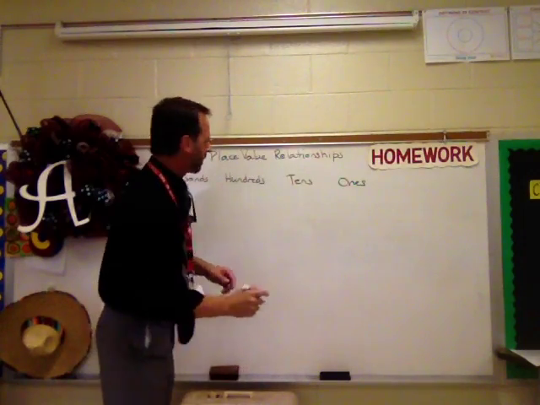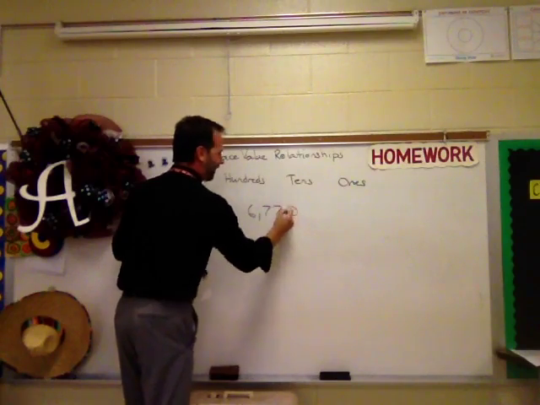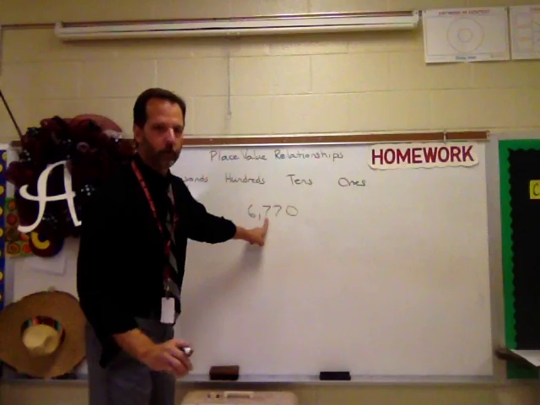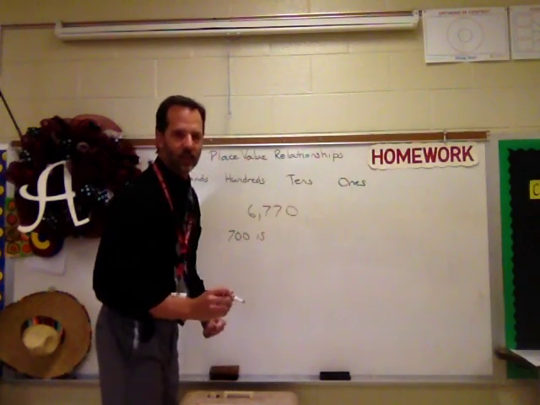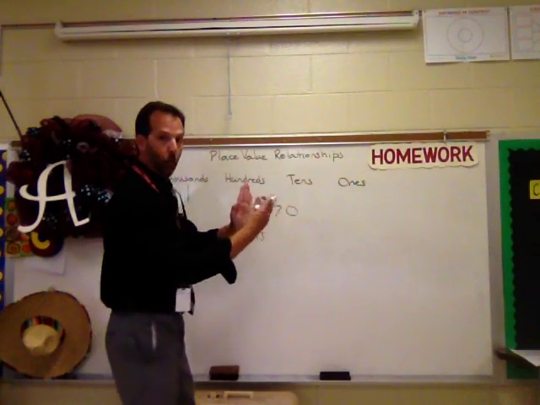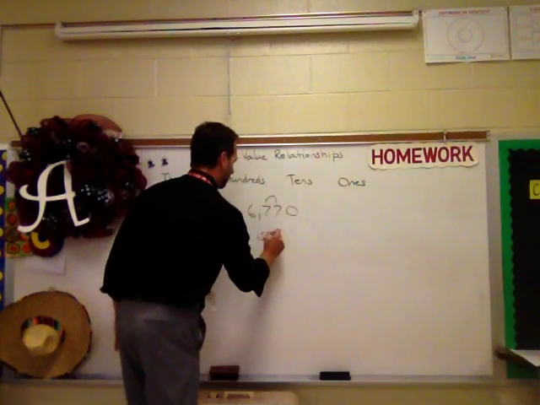If I have a number like 6,770, the value of this 7 in the hundreds place is 700. 700 is how many times greater than that 7? Well, it's 1 place different, so it's going to be 10 times greater.